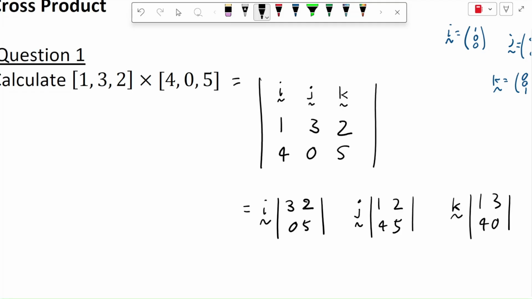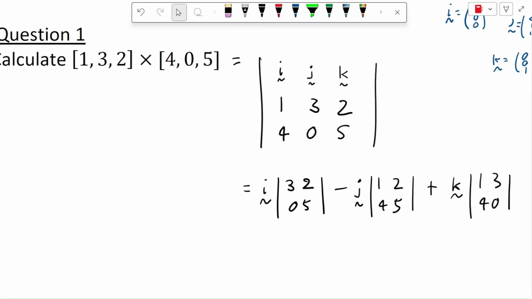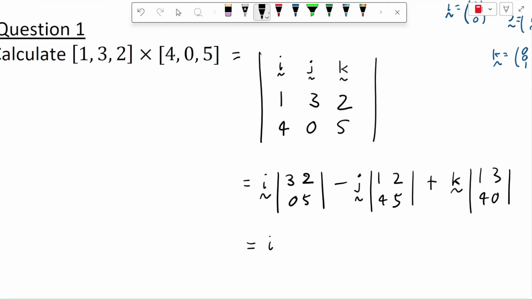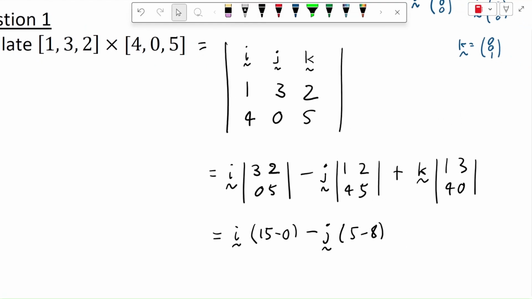Remember it goes plus, minus, plus as well. That minus sign is very easy to forget when you're doing the cross product. So this is i lots of, let's go 15, take nothing. And then it's j lots of 5, take 8, so 1 times 5 and 2 times 4. And then it's k lots of 1 times 0, take 3 times 4.